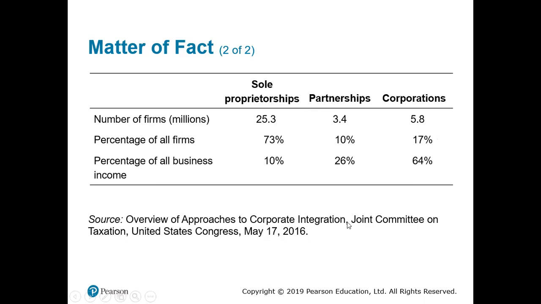Oh, look at the statistics here. The percentage of all business income, the sole proprietorships contribute only 10%, partnership 26%, corporations provide 64%, although they are simply 17% of the total registered firms in the country, compared to sole proprietorship that garnered 73%.